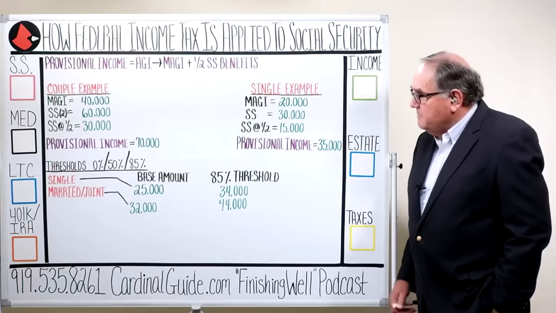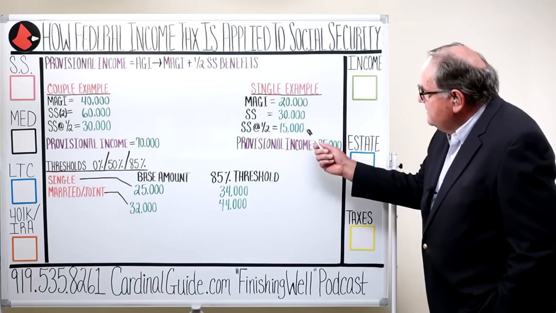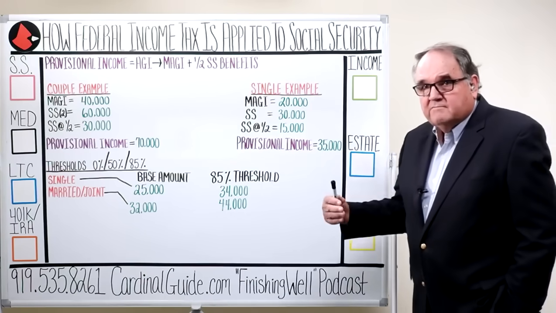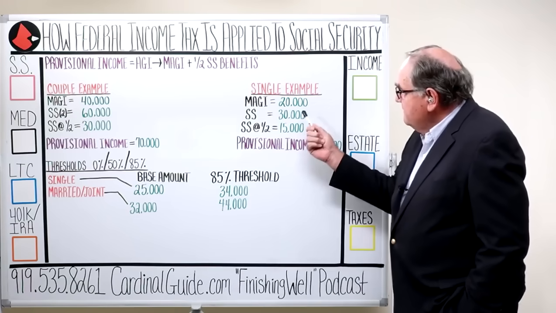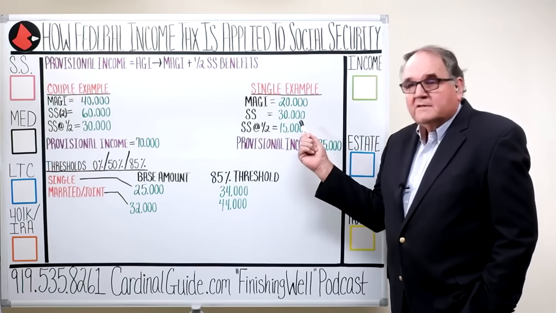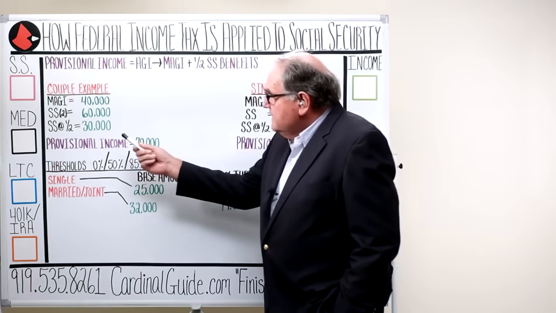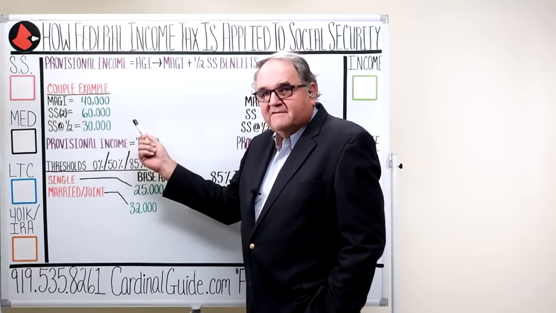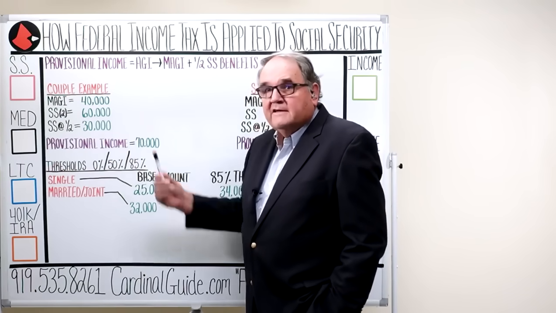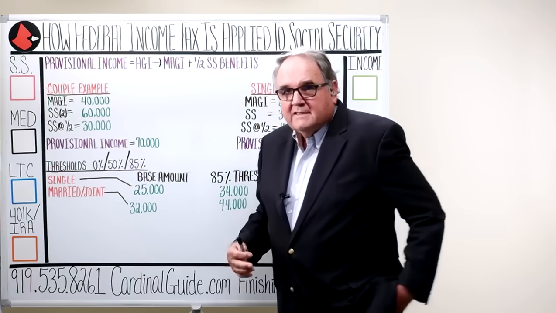I mean, Tom, in your example, this single person has a 3.2% effective tax rate on the 50 grand that he's taking home. And the couple had a little over 2% effective tax rate on the 100 grand that they're taking home. It's just nominal.